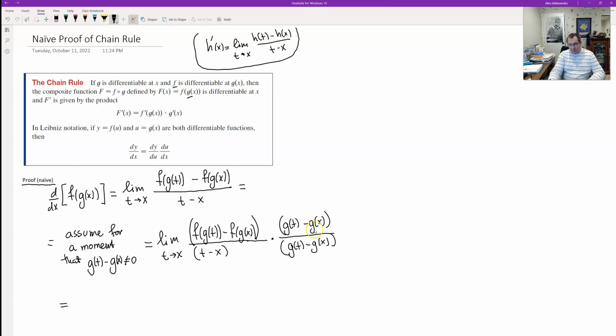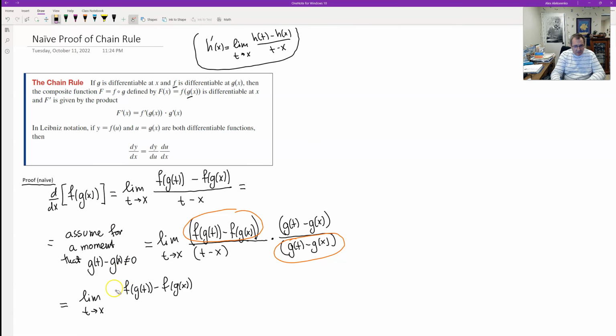Well, the purpose of introducing this g of t and g of x was to take the original expression and massage it into a different expression. Let me show you which one. I will group these two terms, I'll take that and group it with that. And then I'll group the other two terms together. So after we group the terms, we will have f of g of t minus f of g of x.